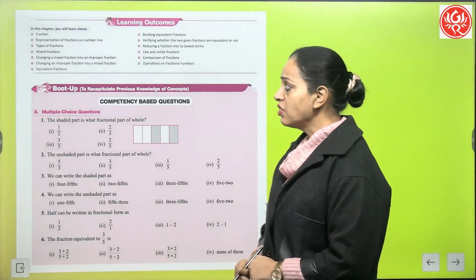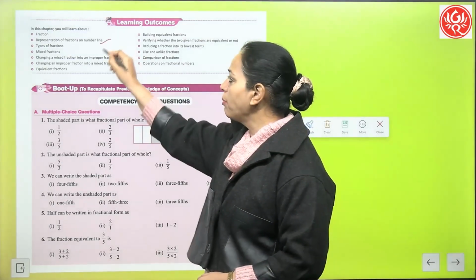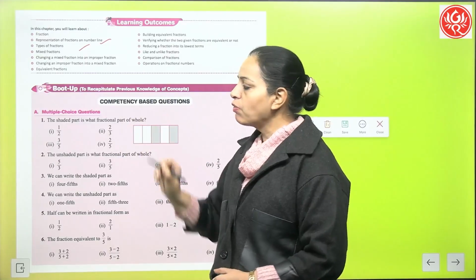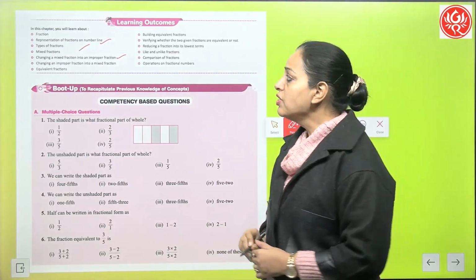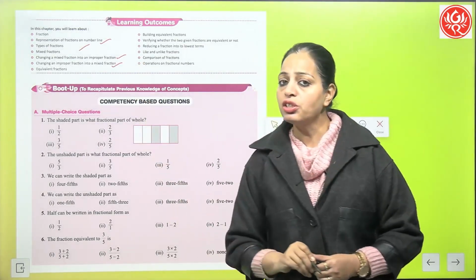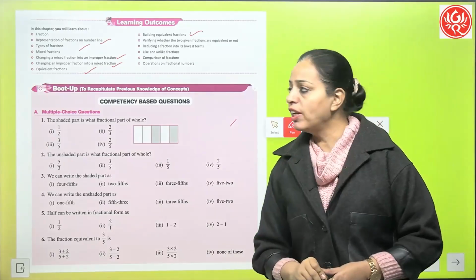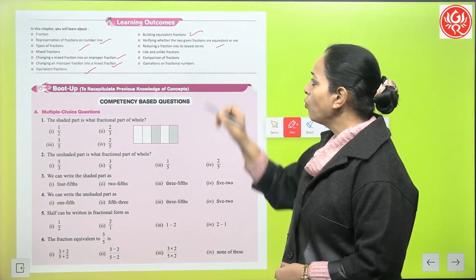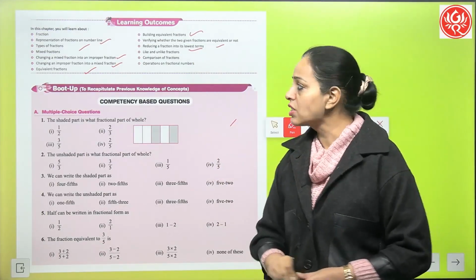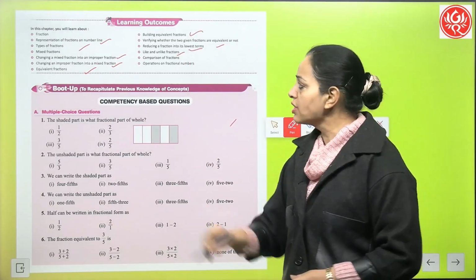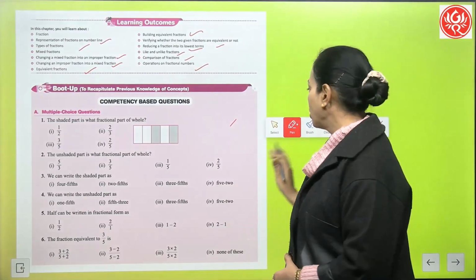Learning Outcomes. In this chapter, you will learn about fraction, representation of fractions on number line, types of fraction, mixed fractions, changing of mixed fraction into an improper fraction, changing an improper fraction into a mixed fraction, equivalent fractions, building equivalent fractions, verifying whether the two fractions are equivalent or not, reducing a fraction into its lowest terms, like and unlike fractions, comparison of fractions, and operations on fractional numbers.